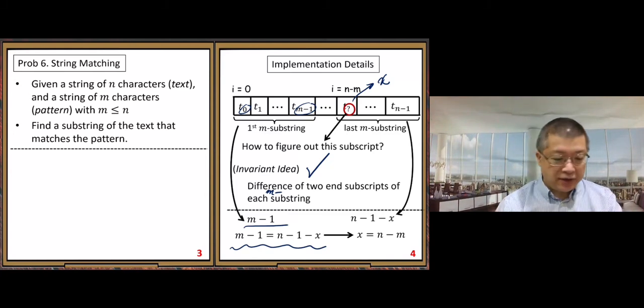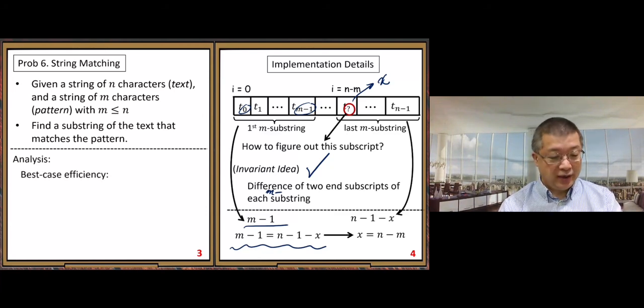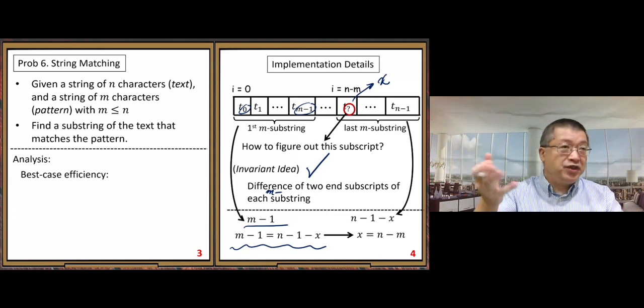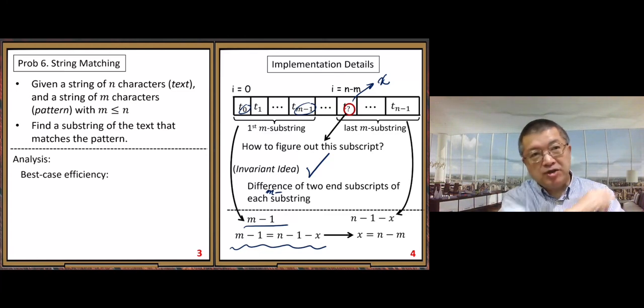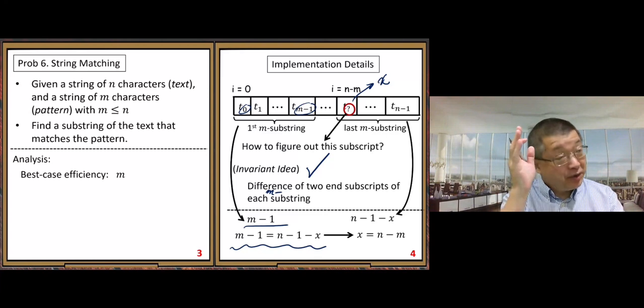All right, so next, a simple analysis. That's pretty easy, pretty straightforward. Best case efficiency: when you compare the first m substring, you get the solution. But you need to do m comparisons, right?